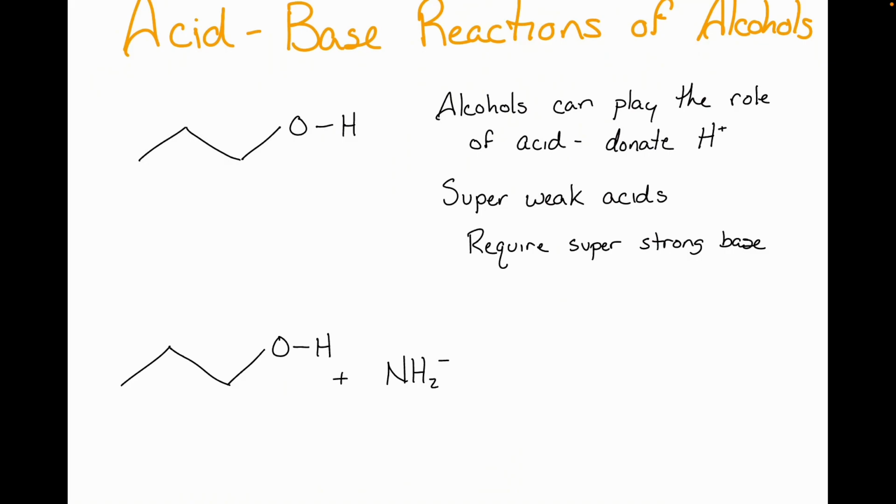This is strong enough. This nitrogen can reach out and grab that hydrogen off of that alcohol. And importantly, that pair of electrons that was in that bond will then jump onto the oxygen itself, leaving us with this negatively charged oxygen. So again, it will deprotonate that alcohol, remove the proton from that alcohol.